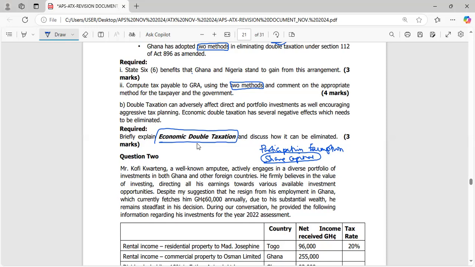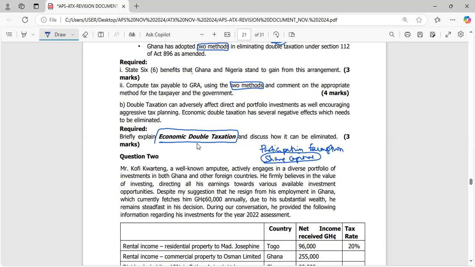That's what we call the participation exemption. If the shareholder is able to hold a certain percentage of the share capital of the company, then dividend paid to that company will be exempted from what? From the 8% withholding tax.